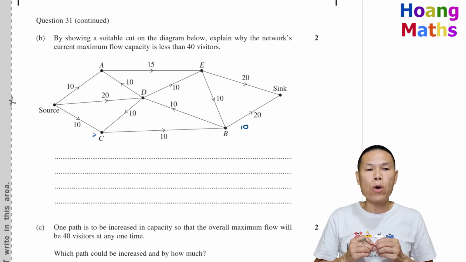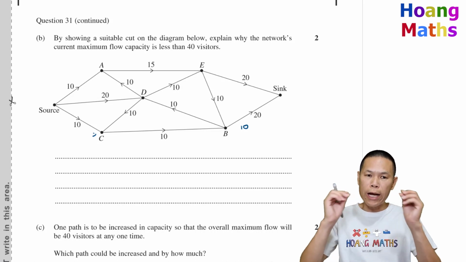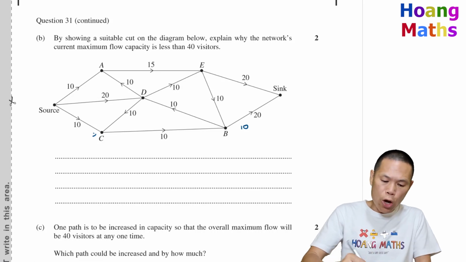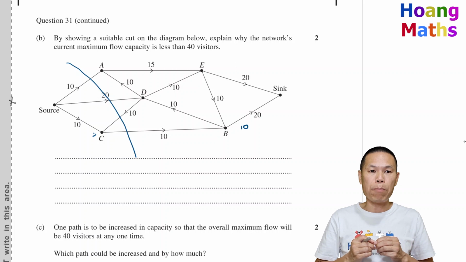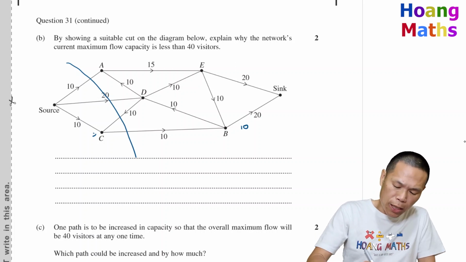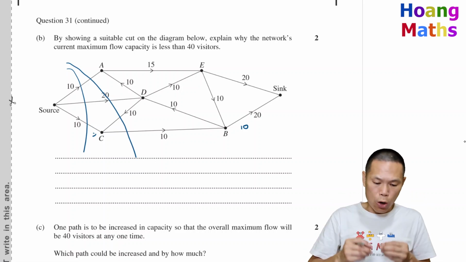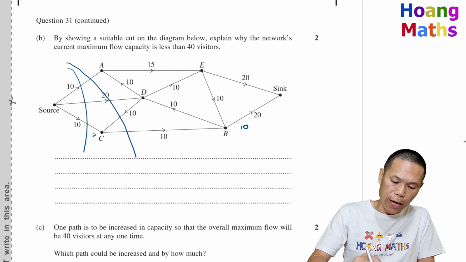Or we can work out the flowing capacity of each path and go from there. Let me work it out using trial and error. We already know from part A that this cut is 40. If we cut this way, it also gives us 40, because 10 plus 20 plus 10. So it's no good, and we're not going to count these two.